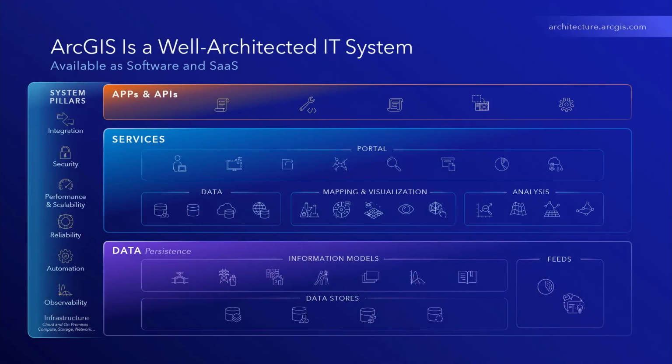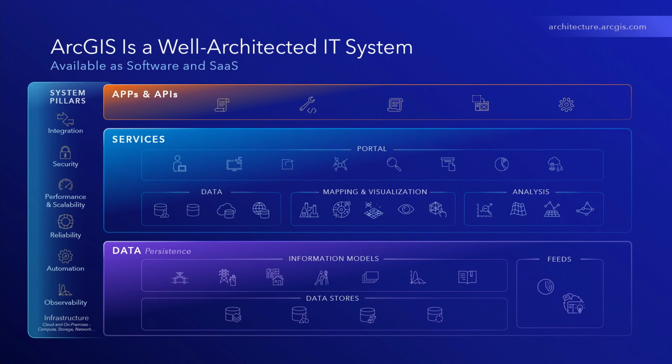And if you look at the architecture of such a system, it's the full stack like you see here, starting from your data, your persistence of these data stores, and then translation into various information models, including the feeds that come in, and then being able to access them as data management services, mapping and visualization, analysis.